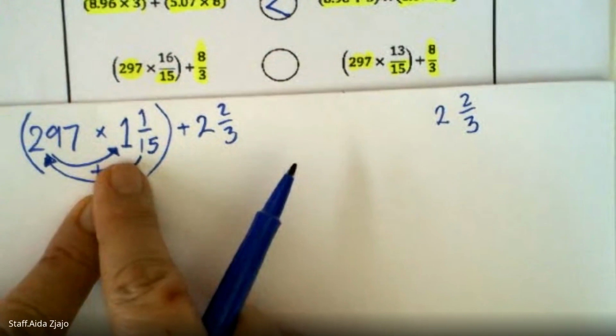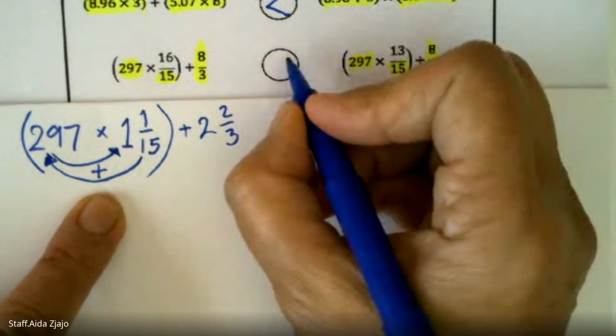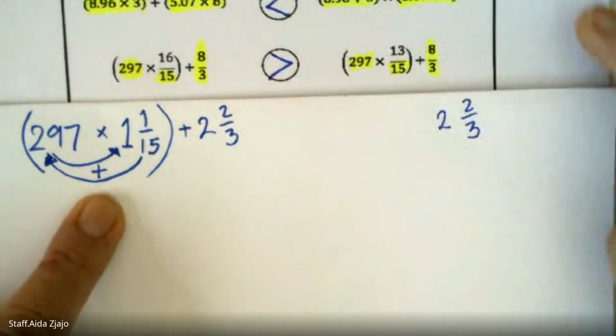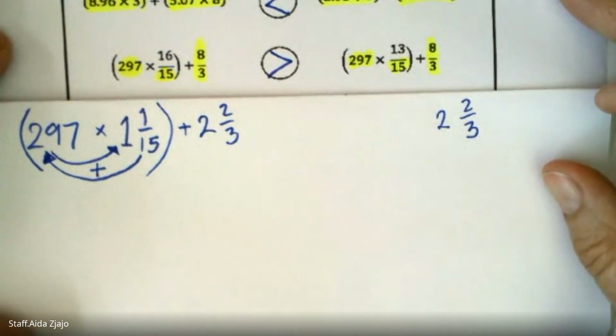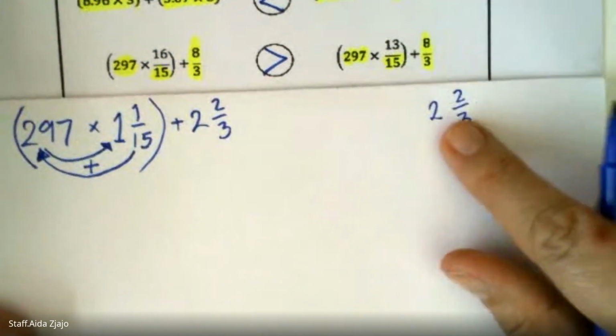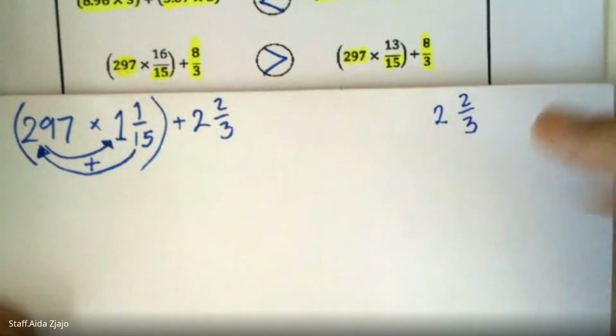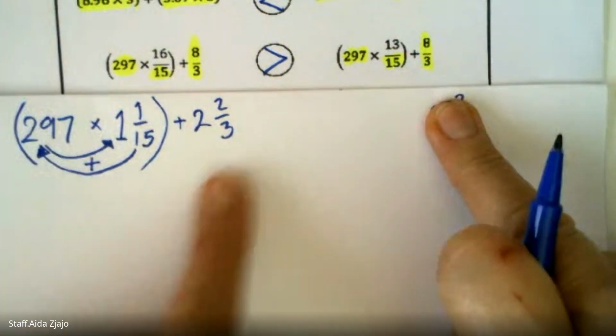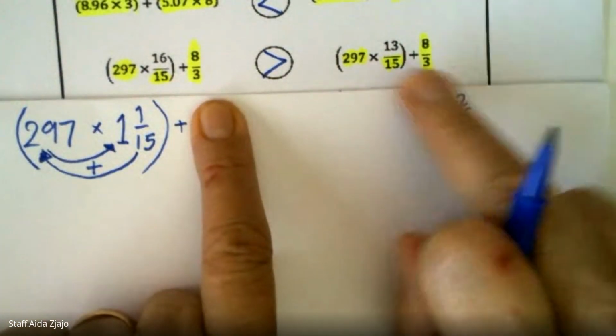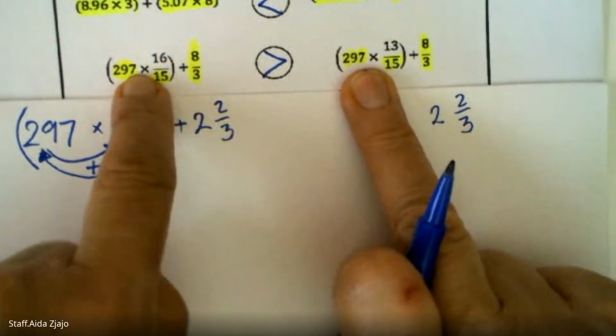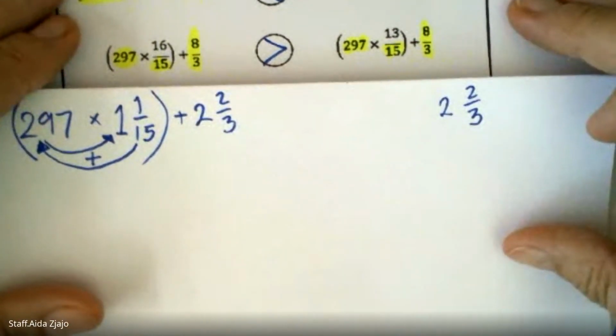So this product is going to be greater. At the end, you're going to add the same 2 and 2/3, so that is insignificant. The more important parts are this and this in this calculation.